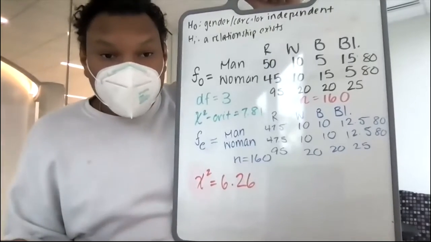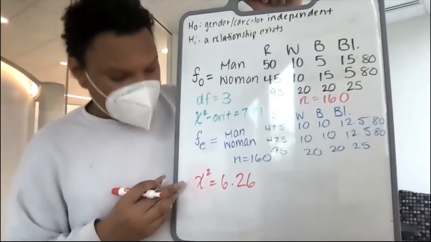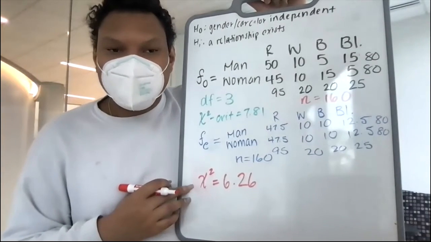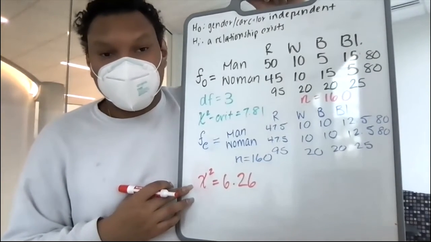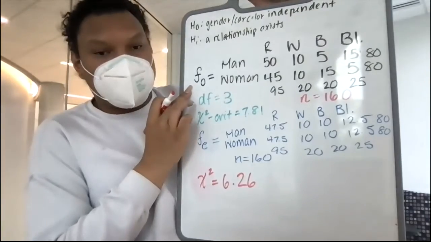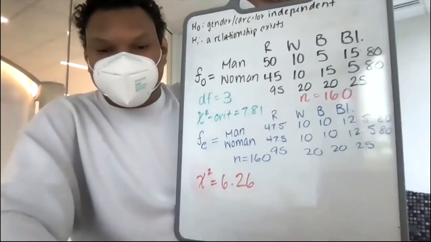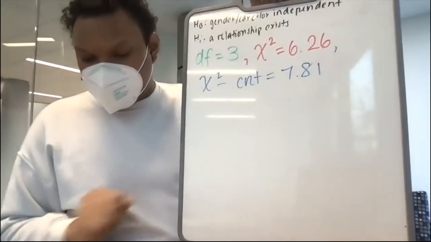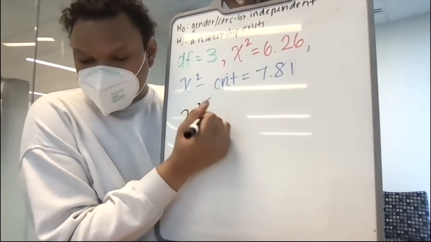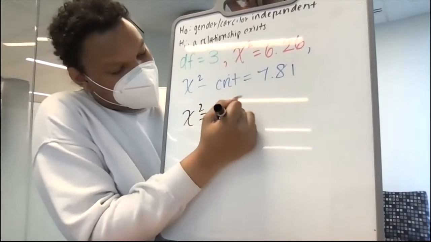Now that we have all of our values, we can test our chi-squared against our chi-squared critical. This will allow us to make a decision about our hypothesis and overall make a decision about the relationship between gender and car color. So our chi-squared is equal to 6.26.